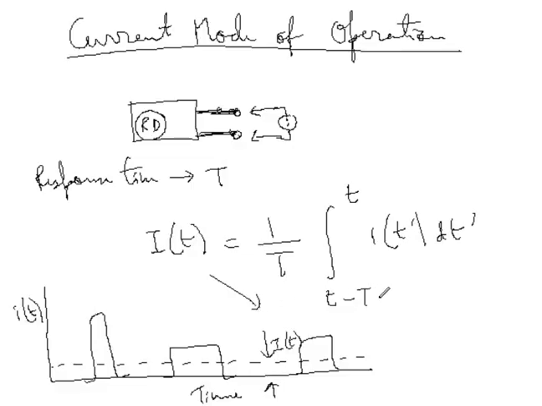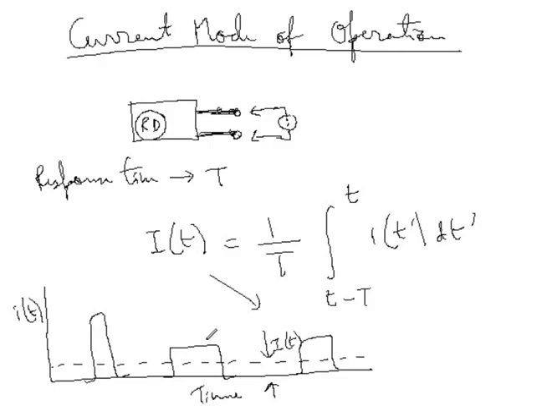Now because the response time is typically long compared to the average time between the individual current pulses from the detector, the effect is to average out many of the fluctuations in the intervals between the individual radiation interactions and to record an average current that depends on the product of the interaction rate and the average charge per interaction.